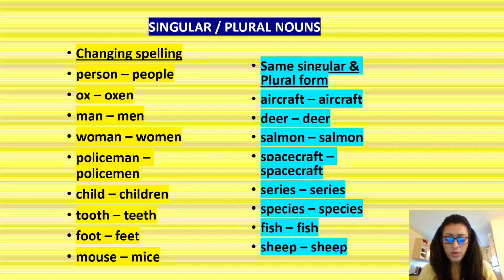And some nouns use the same singular and plural. So aircraft remains aircraft, deer like deer, salmon like salmon, spacecraft like spacecraft, series like series, species like species, fish like fish, sheep like sheep.